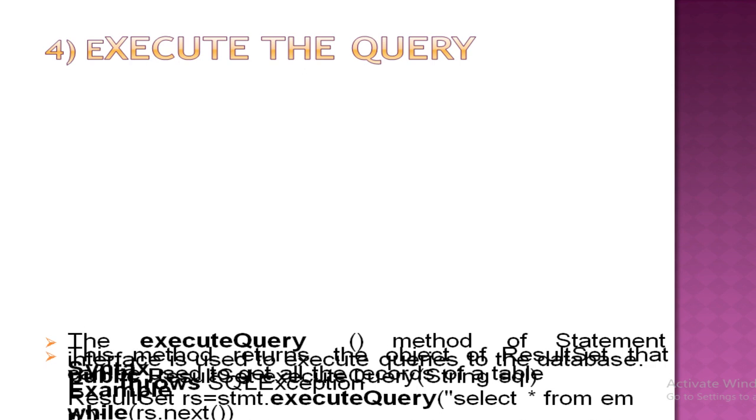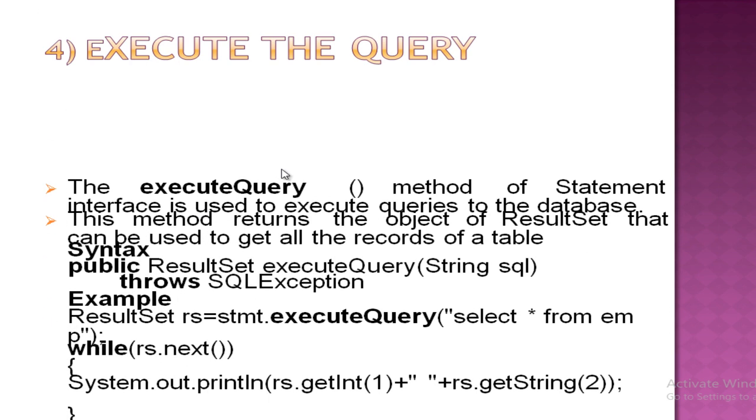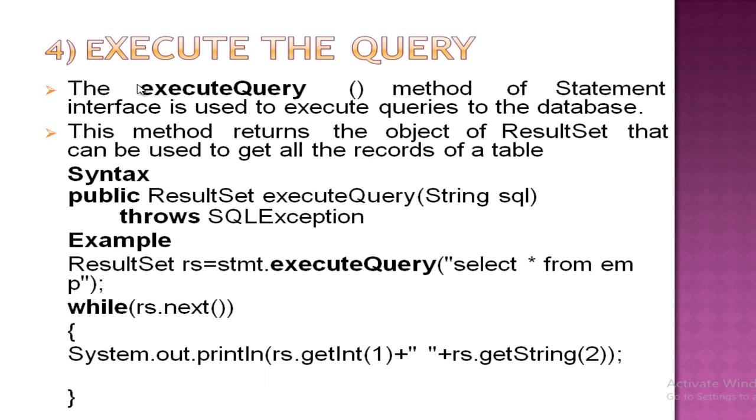Next, executeQuery. The executeQuery method of the Statement interface is used to execute the queries to the database. This method returns the object of ResultSet that can be used to get all the records of the table.